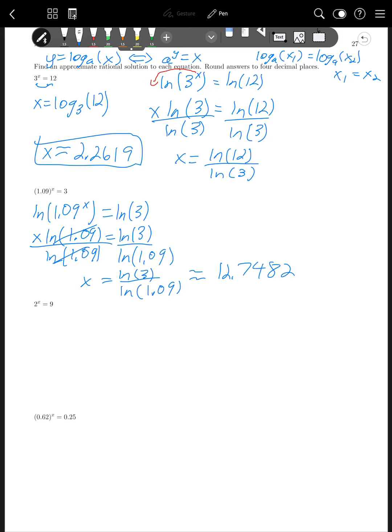Approximately. Okay, so at this point, go ahead and pause the video for a second and try these last two. Okay, so now that you've tried them, let's go ahead and go through them together. So I can take the natural log of both sides, then bring the x out in front, so using the exponent rule, and then divide by the natural log of 2.